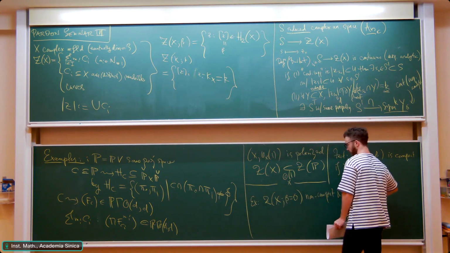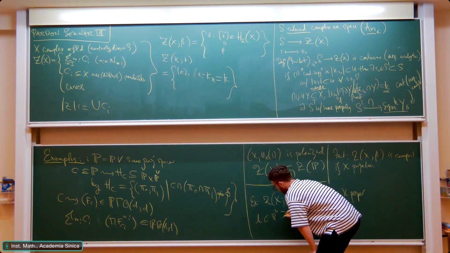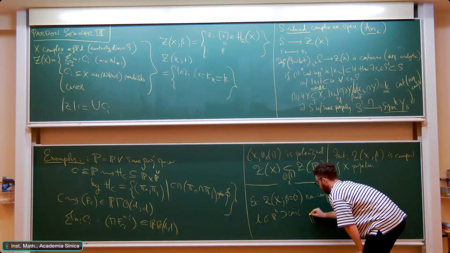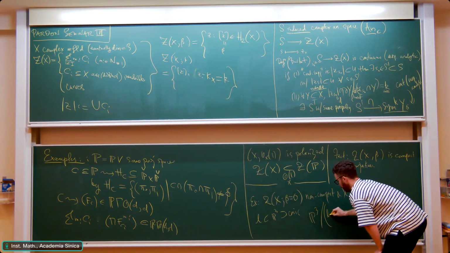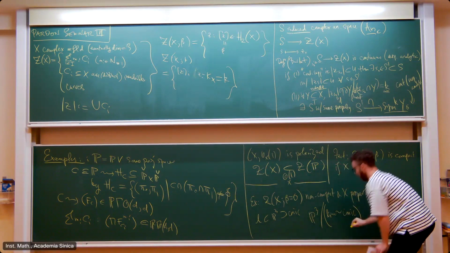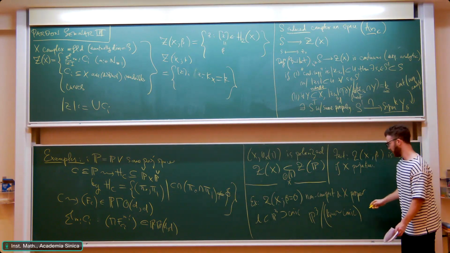Take H inside P2, a disjoint smooth conic. I include it along any abstract isomorphism of the line with the conic, and I take the quotient fixed by this.